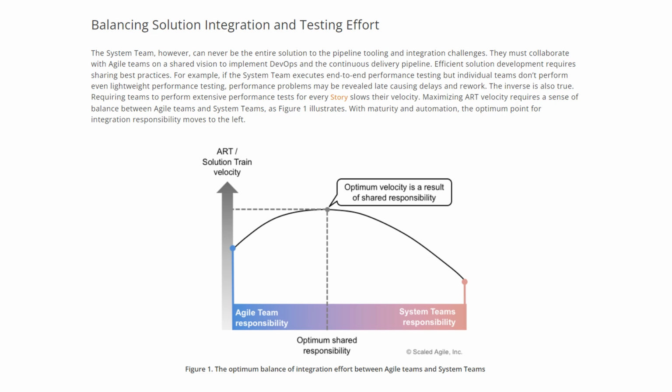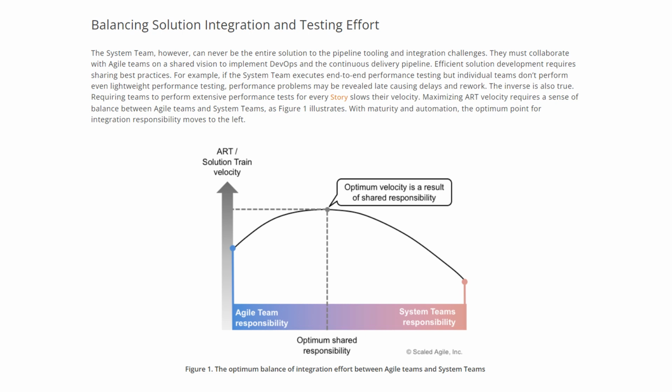So efficient solution development requires sharing best practices, right? For example, if the system team executes end-to-end performance testing, but individual teams don't perform even lightweight performance testing, the performance problems may be revealed late, causing delays and rework. The inverse is also true, right? The development team is doing a lot of things and the system team is not even doing performance testing.